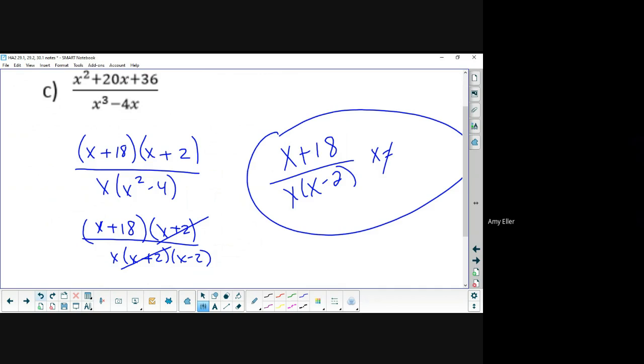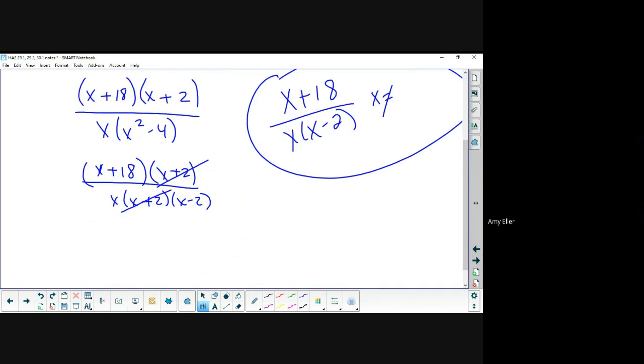How many restrictions do you have? Does anybody have 3? You got 3? Will the 0 count or no? Yes. Look at your denominators and look at what would give you 0. So I could set this equal to 0. x is 2. That would be a problem if x was 2. This would be 0.